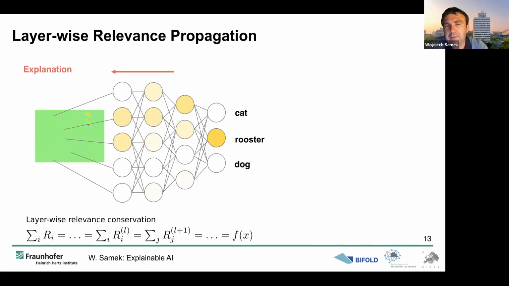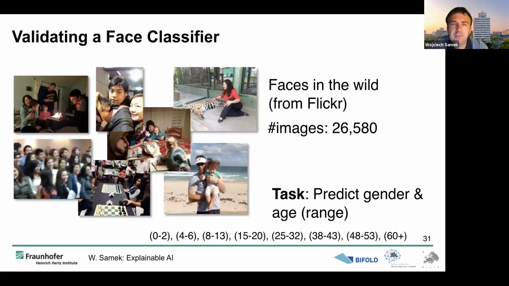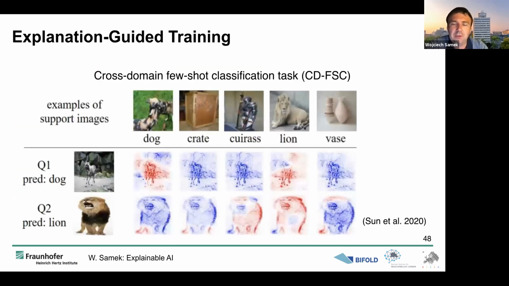So this is something which you can use for pruning. So you can, for example, remove every connection or every neuron which is not relevant or whose relevance is below a certain threshold. And this is what we did.